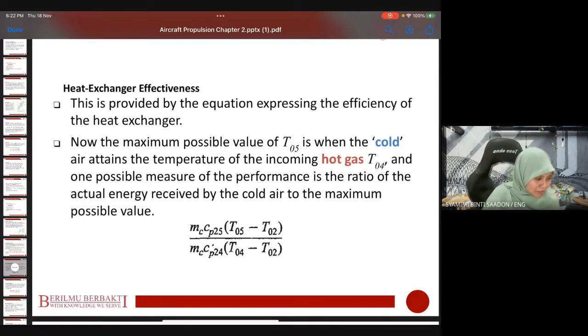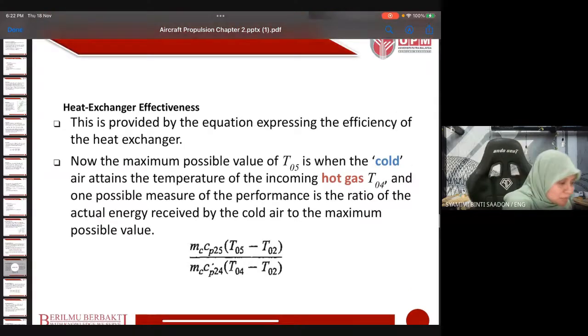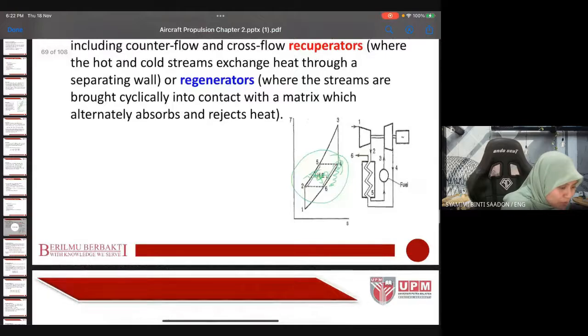So the equation below is one of the equations for the effectiveness of the heat exchanger. The real process, 2 to 5 just now, is over the denominator, which is the maximum possible rate of heat exchange, 2 to 4.